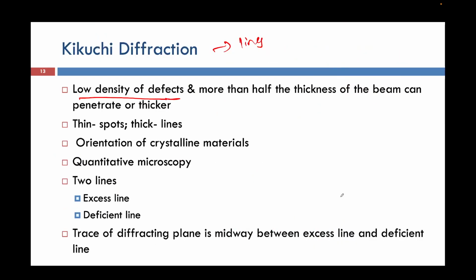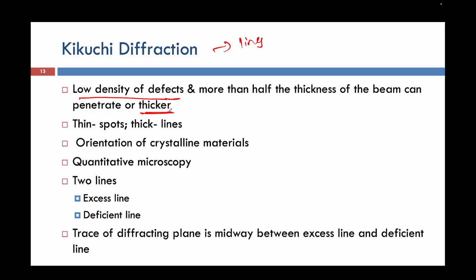Kikuchi diffraction happens when the thickness of the material is high, meaning the electron cannot completely penetrate the material. The penetration depth of electrons is around 100 nanometers, so when the material is thicker than that, Kikuchi diffraction takes place.